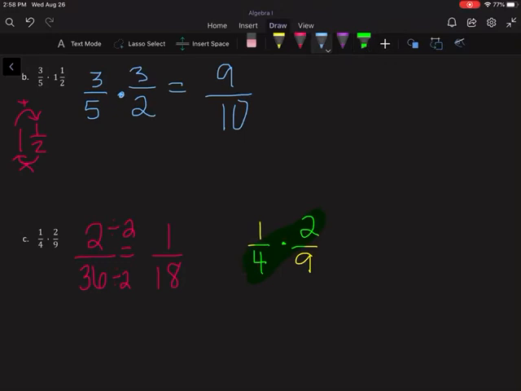They divide one another. Like 2 can divide 4. So 2 goes into 2 one time, and 2 goes into 4 twice. So then I multiply those numbers. 1 times 1, which is 1, and 2 times 9, which is 18. All right.